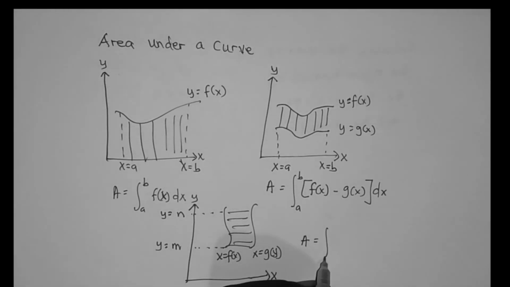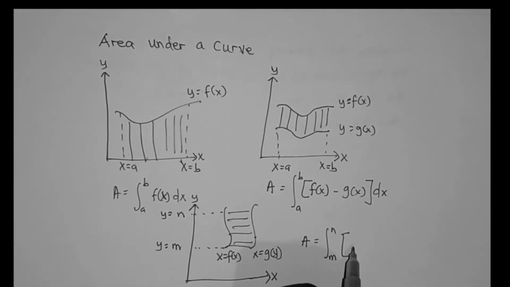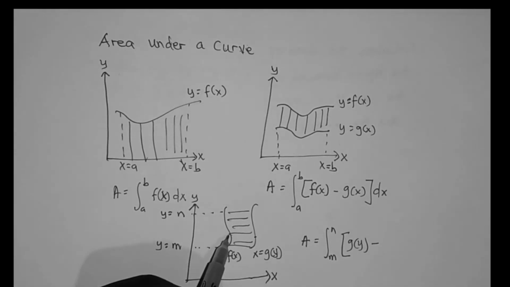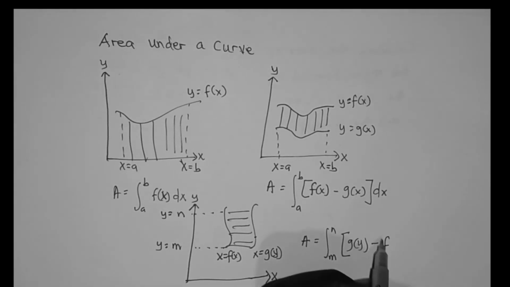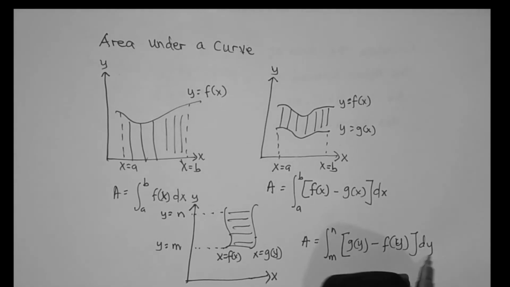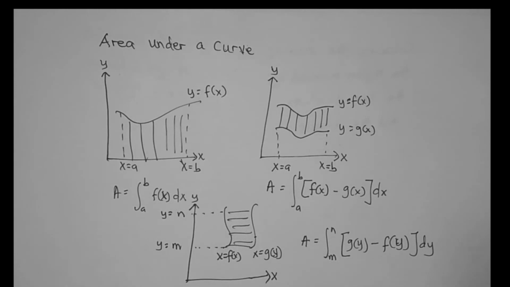Then the area is equal to the integral of the lower limit m to n of the outer curve, which is g of y, minus the inner curve, which is f of y, then dy. So these are the various techniques of finding the area that is bound by either a single curve or by multiple curves.